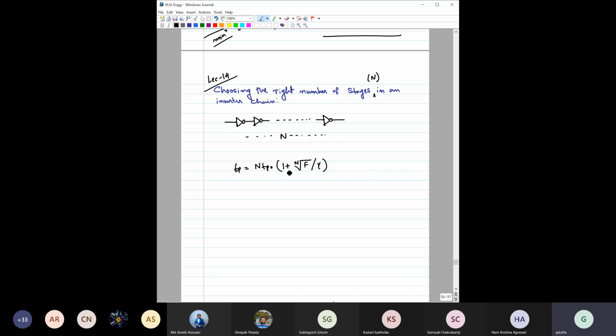So there are n inverters in the chain, and for this we have found this minimum delay after scaling, because scaling means we are scaling it by a factor of f. If we keep on scaling this f, then this is the minimum delay and this is the criteria.